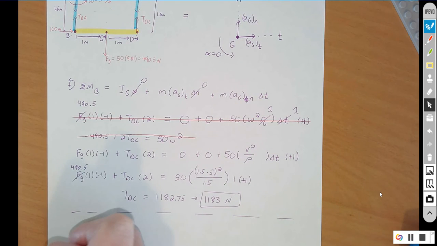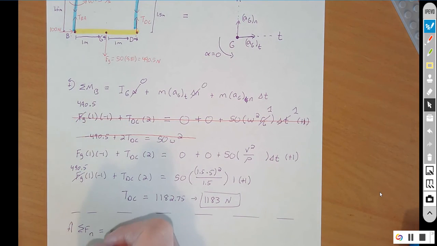So sum of forces in, in this case, it's not y, it's the normal direction, but it is upward. And that is going to be equal to the mass times acceleration of gravity in the normal direction.